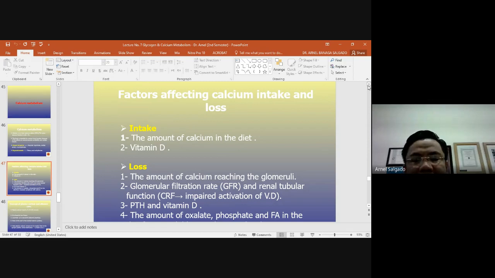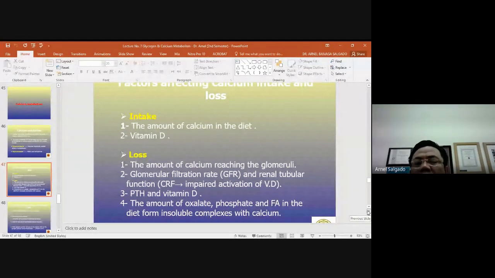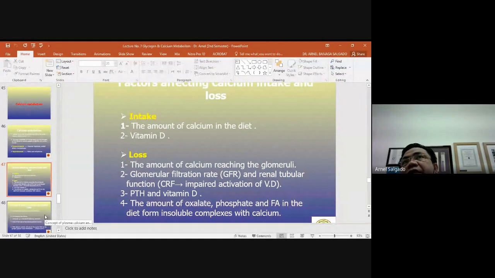And then PTH, parathyroid hormone, and vitamin D. Then the amount of oxalate, phosphate, and fatty acid in the diet form insoluble complexes with calcium. Okay? We should know that. That's why sometimes we need to eat a lot of calcium-rich foods, like liver also.